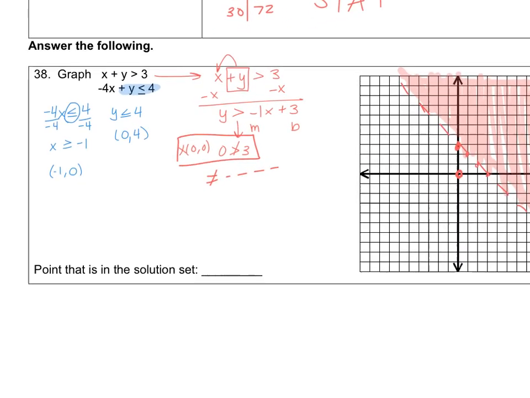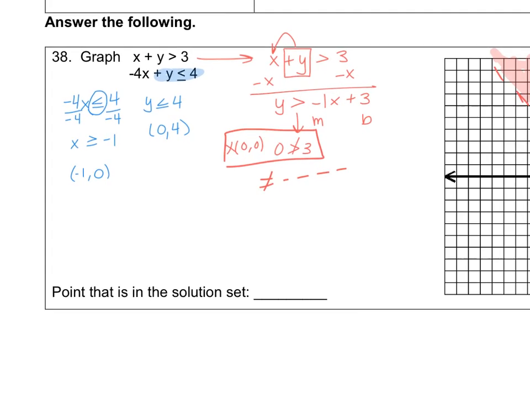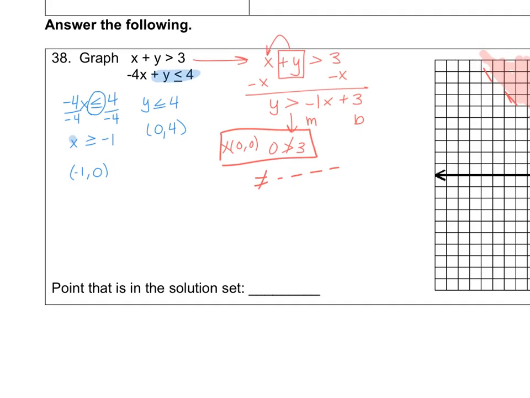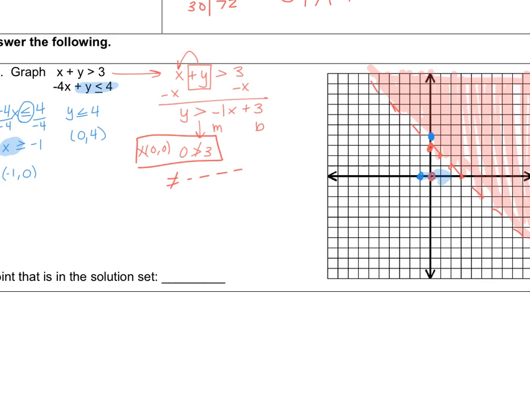So let's put those two on there. I've got an x-intercept at negative 1, 0 and a y-intercept at 0, 4. I've got to be greater than my negative 1, so if I'm looking at the x-axis, I'm going to be shading off that way. I've got to be less than the 4, so I'm going to shade off that way. So it's going to tell me which way to go.